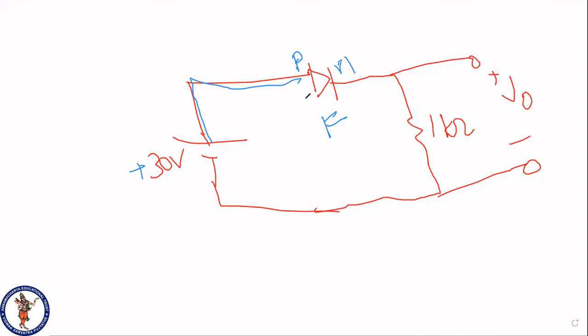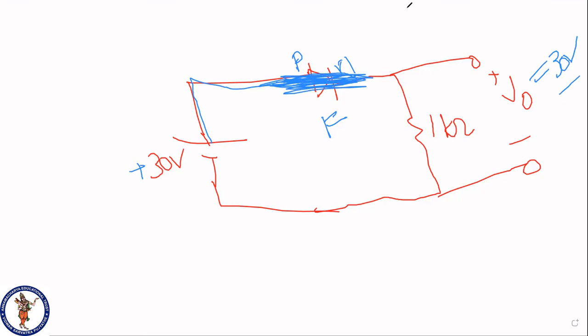In the forward bias ideal condition, we will take it as a short circuit. Then there is no drop here, and the 30 volts will exactly drop between these 2 points, and V naught will exactly equal 30 volts.